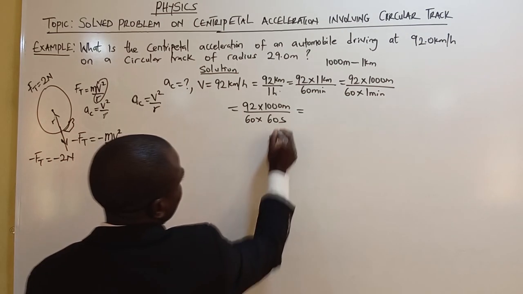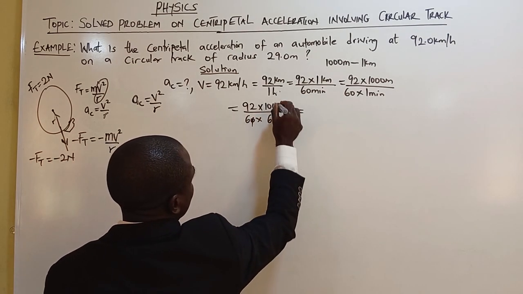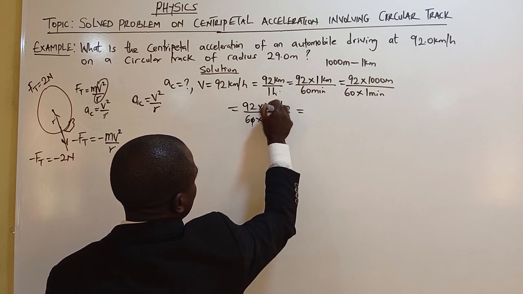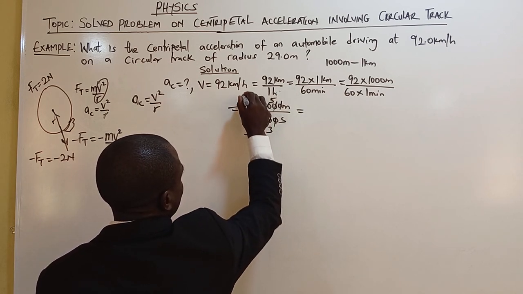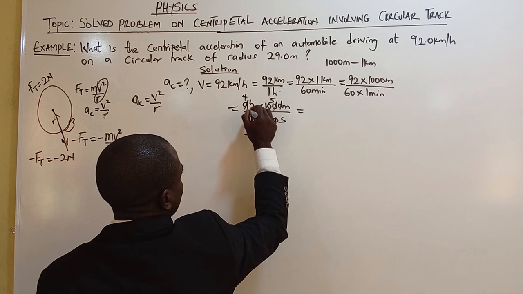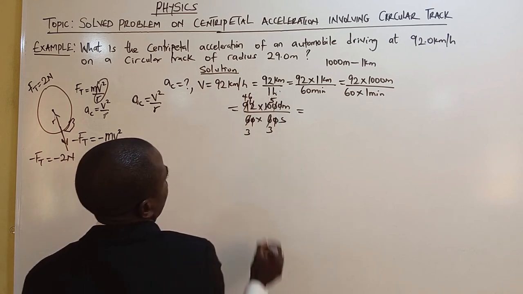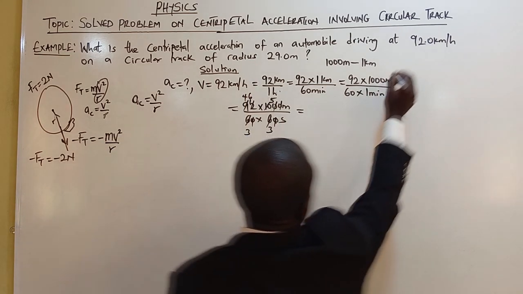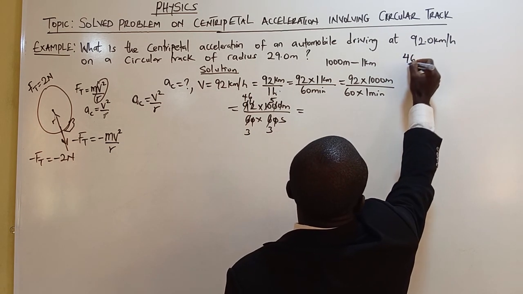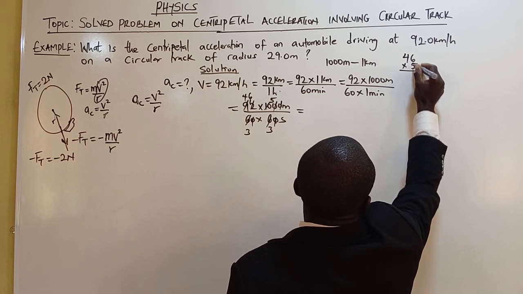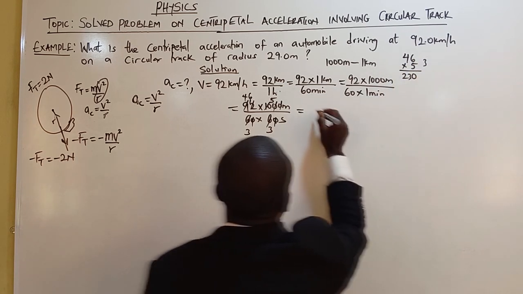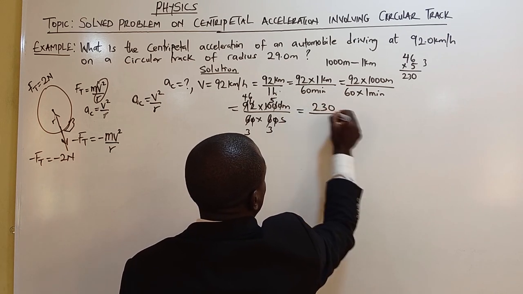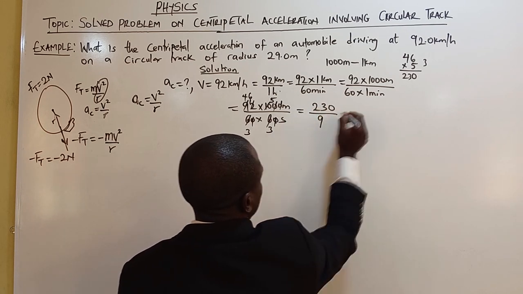Let's start our division. 0 cancels 0, 0 cancels 0, 92,000 over 3,600 gives 920 over 36, and 2 into 12 is 6. When you multiply that, you have 230 divided by 9. 3 times 3 is 9.